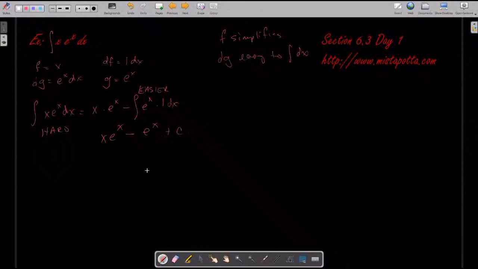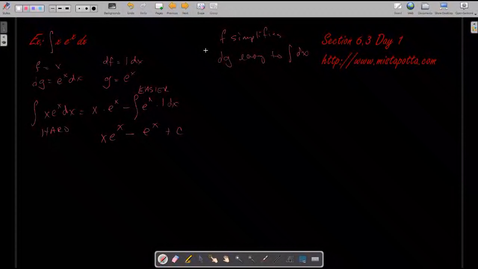So notice that x could be either f or dg depending on the situation. It really depends on whether the other function is either easier to integrate or if it simplifies when I take the derivative.